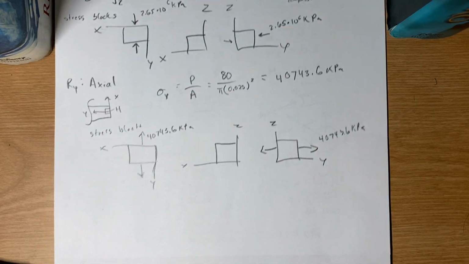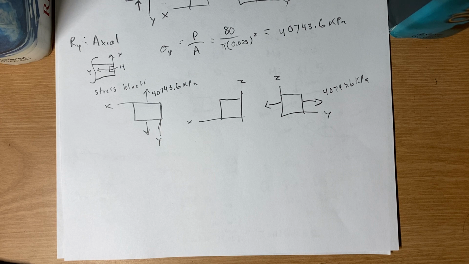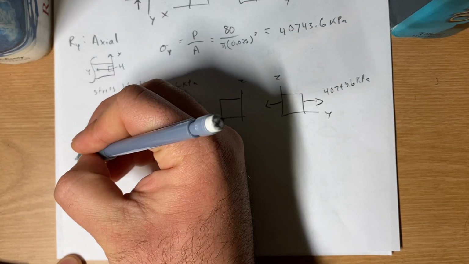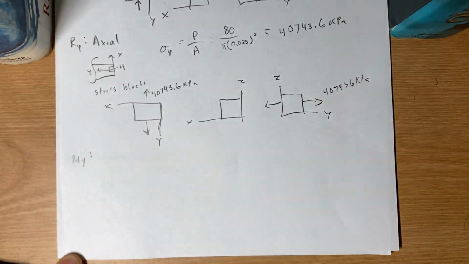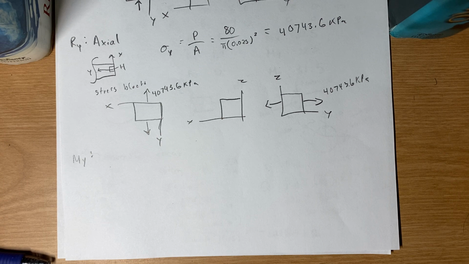Okay, so now that I have my RY axial, I'm gonna solve my MY. So at my moment Y, I have torsion.